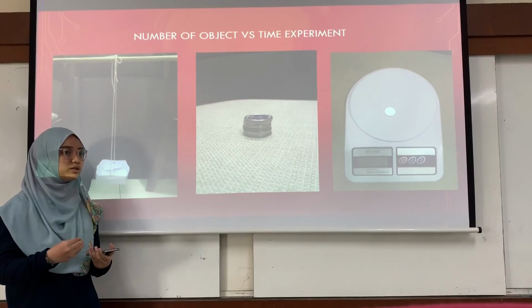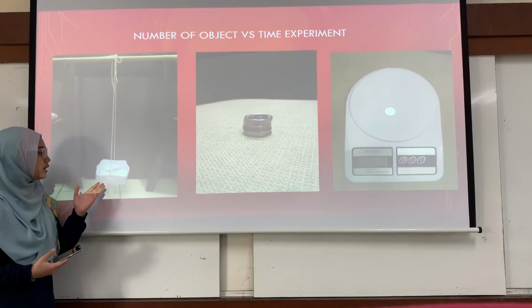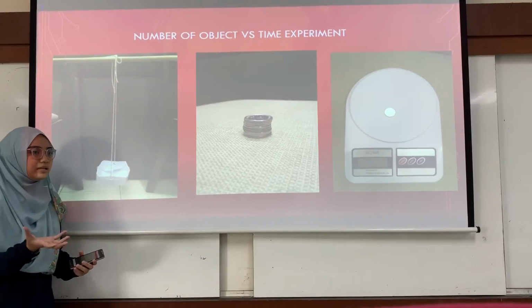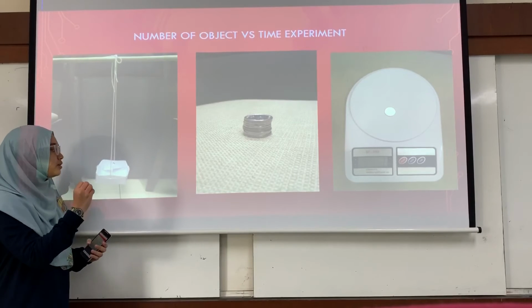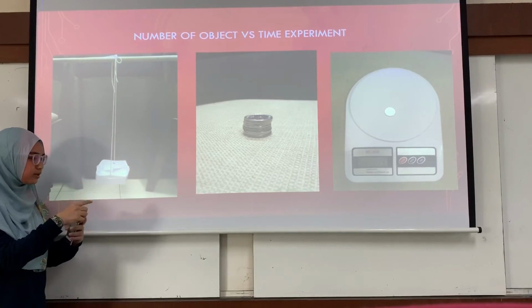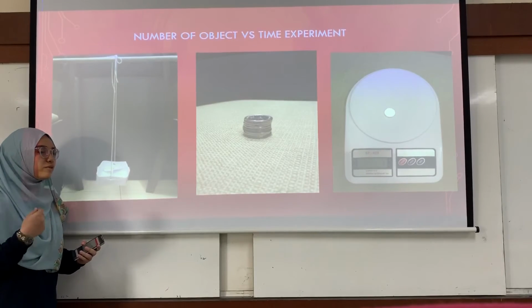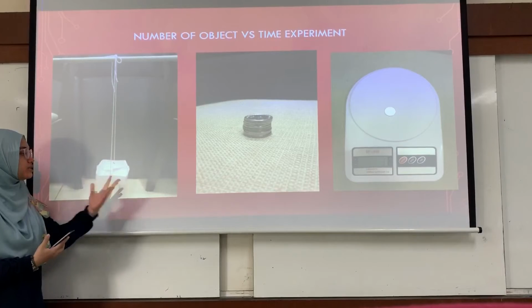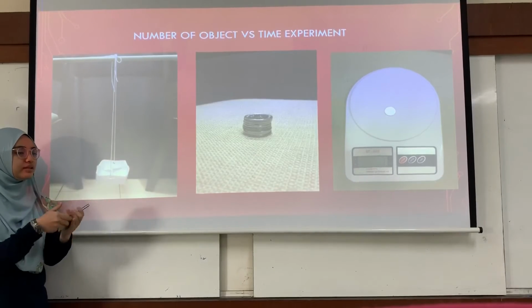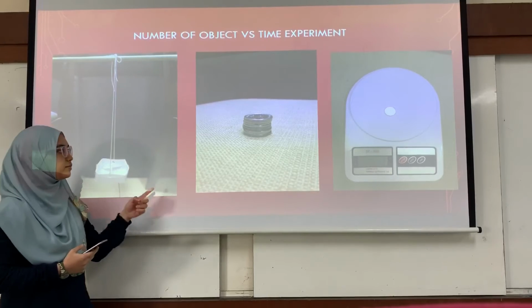So we just did it ourselves with our own materials. A pendulum is supposedly a string connected to a ball, but we used a box made of paper, because paper is weightless, with a string, and we used a chair and a stick to hold the string together.